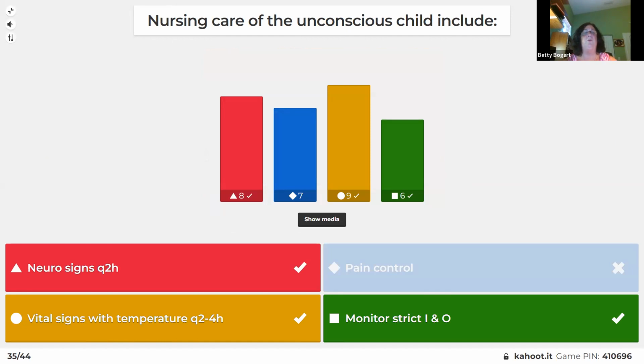We're going to be doing neuro checks every 2 hours with vital signs. One of the biggest things with unconscious children is intake and output. We don't want extra fluid going into the brain causing any swelling. Pain control is not really our first concern. It's also, the other stuff, but I wouldn't say it's wrong. I'm going to change that for next class.